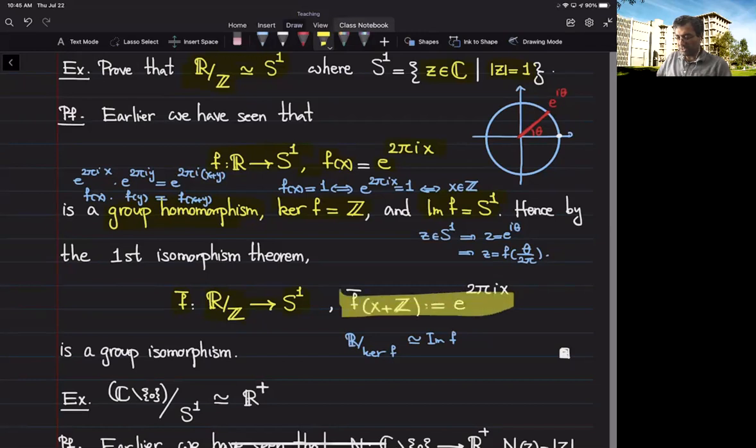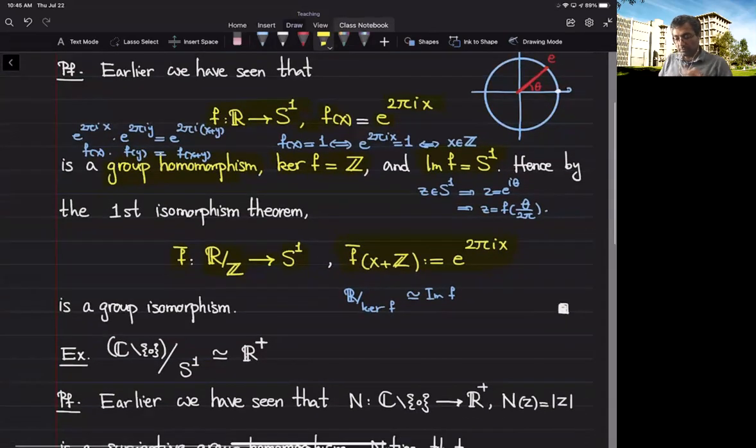Essentially, we apply f to a coset representative of x plus Z, which is x. So the first isomorphism theorem tells us that this map f bar is a well-defined group isomorphism. In particular, we get that the quotient of R by Z is isomorphic to S1.